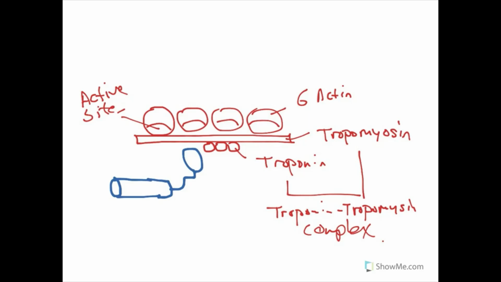So now we mentioned there are actually 3 subunits of troponin who do different things, and they form a complex.